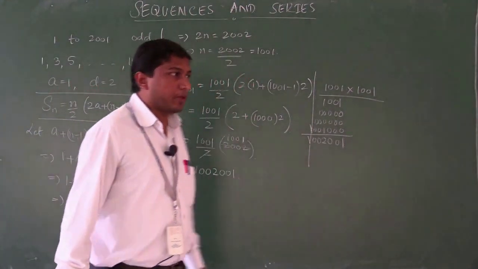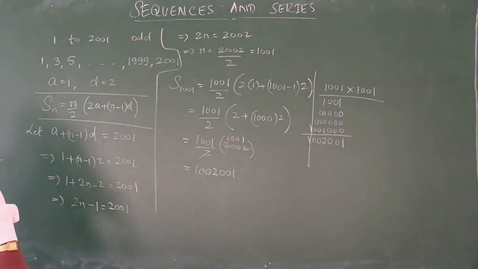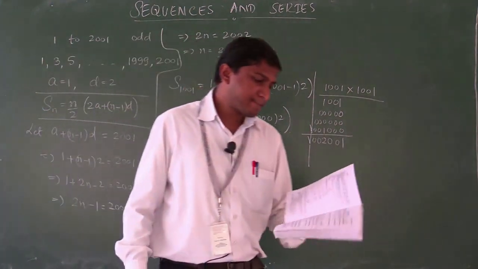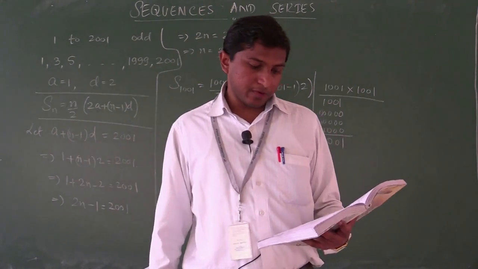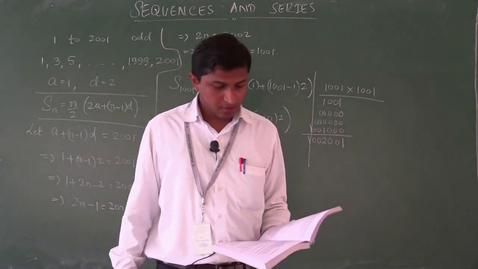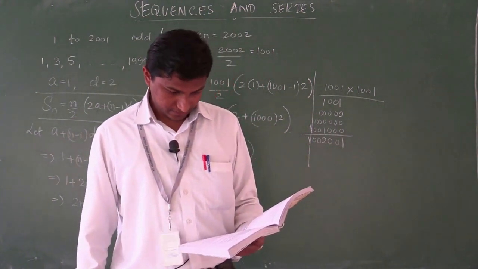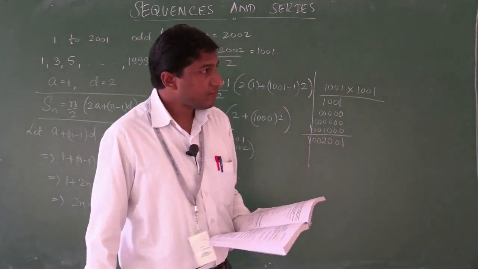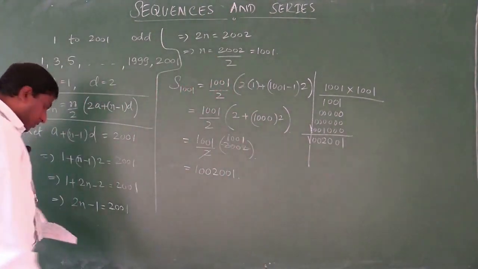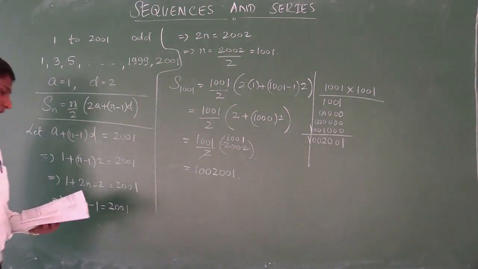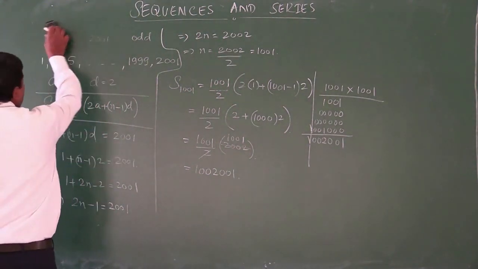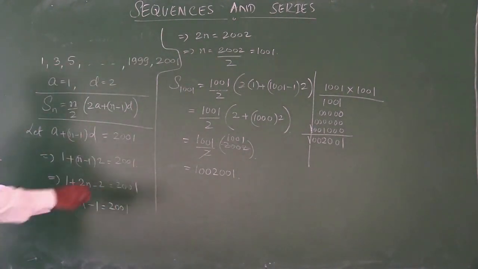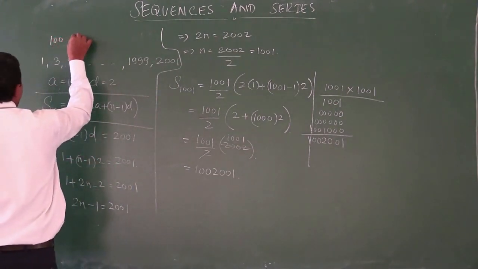Moving on to the next problem, problem number 2. Write down the problem: find the sum of all natural numbers lying between 100 and 1000, which are multiples of 5.